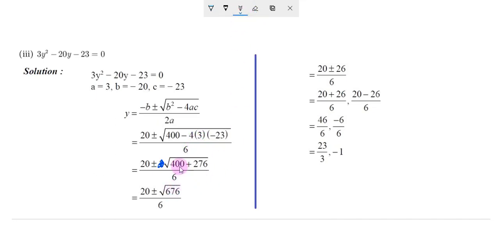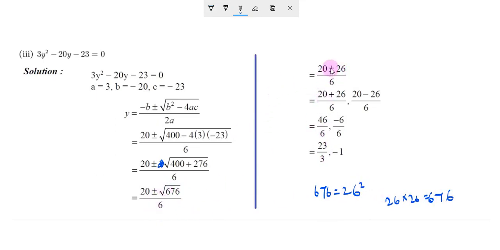Okay, now let us add this. 400 plus 276, this is 676. Okay, now 676, this is 26 square. When you multiply 26 into 26, you will get 676. Understood? So root of 26 square means square root and square will be cancelled, so 26 will come.